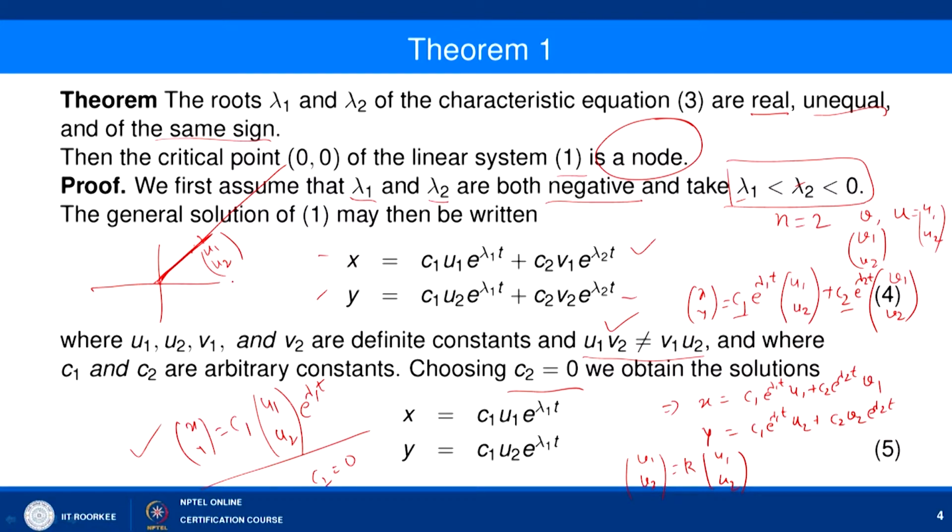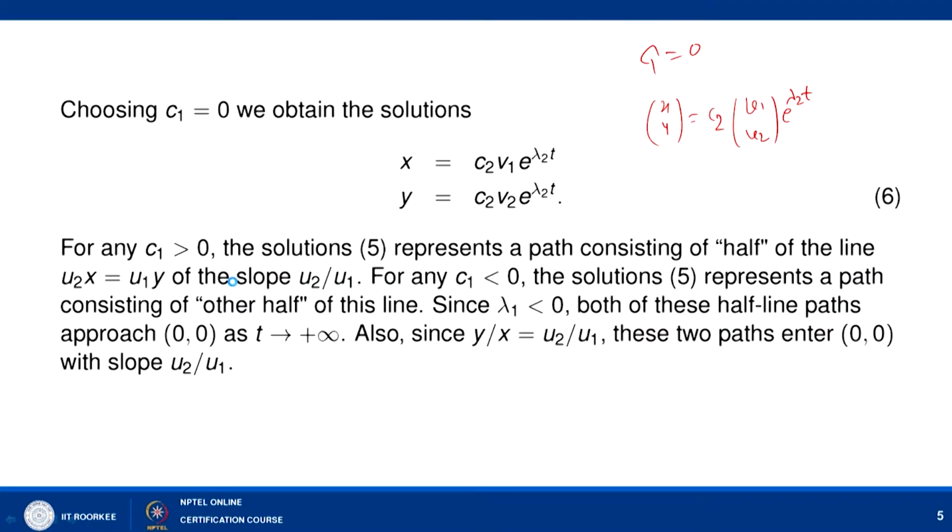Similarly, suppose V1, V2 is somewhere here, then this line represents the vector V1, V2, and if C2 is positive, it will represent the line like this, and the earlier one is like this. Now, if C1 is negative, then this will be here, and if C2 is negative, then this will be here.